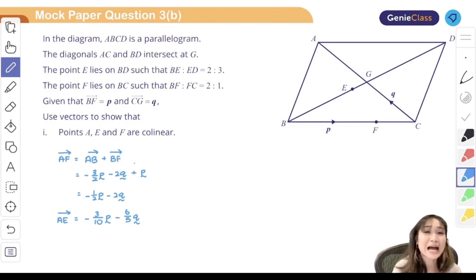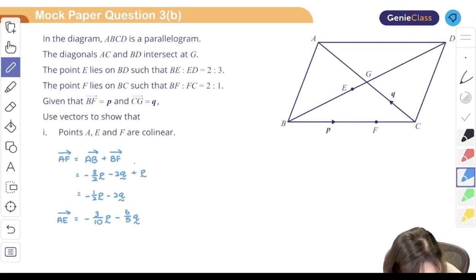Usually I take the uglier one, which in this case would be AE. So maybe I factorize out 1 out of 10 first. Actually I can just factorize out 3 out of 10 immediately.